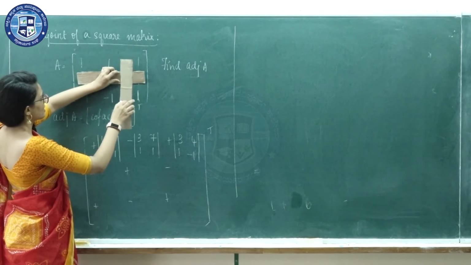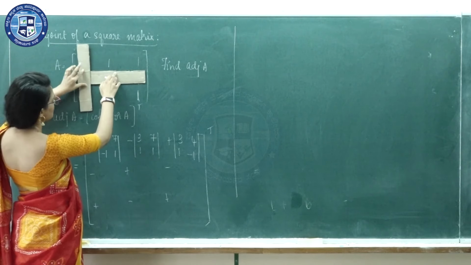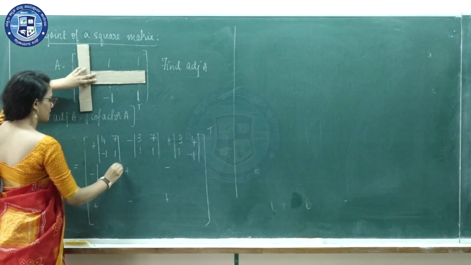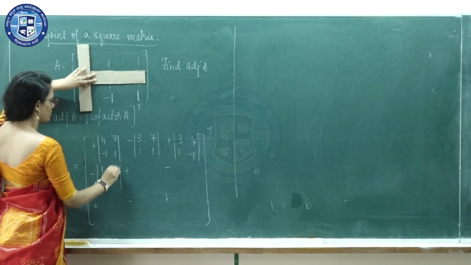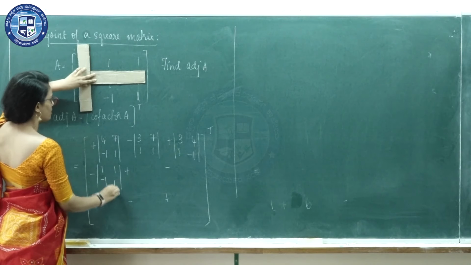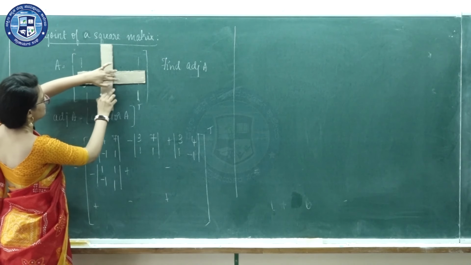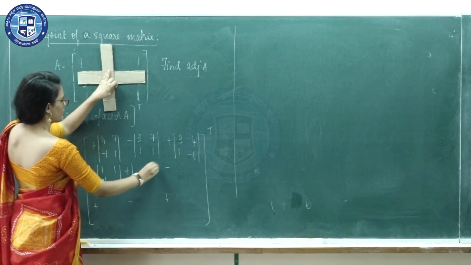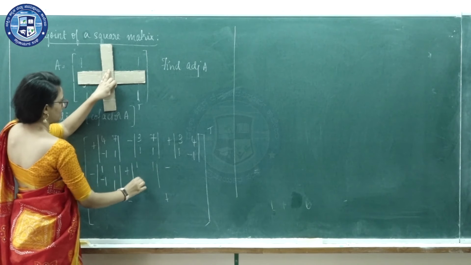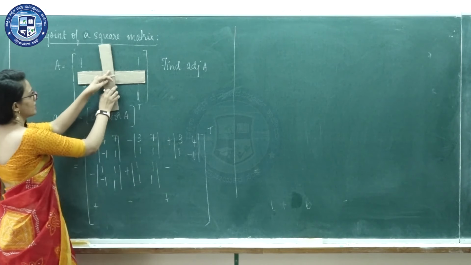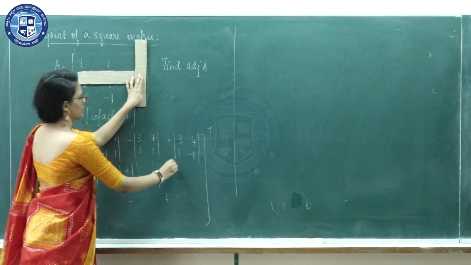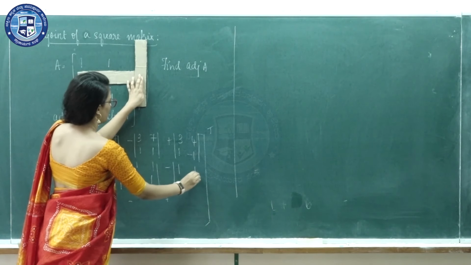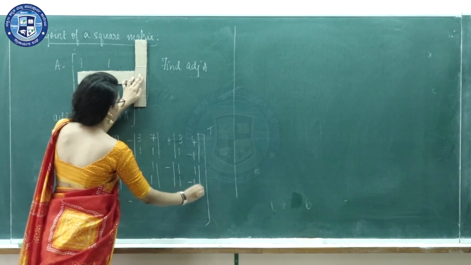Now delete the second row and the first column. So we get 1, 1, minus 1 and 1. Next term we have 1, 1, 1, 1. Next term we have 1, 1, 1 and minus 1.